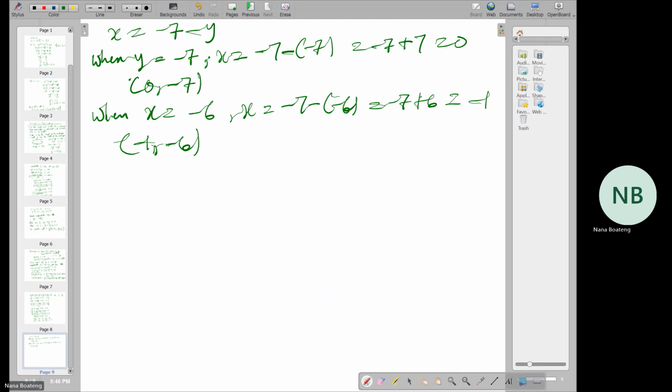So our solution set is 0, negative 7, and negative 1, negative 6. This becomes our solution.